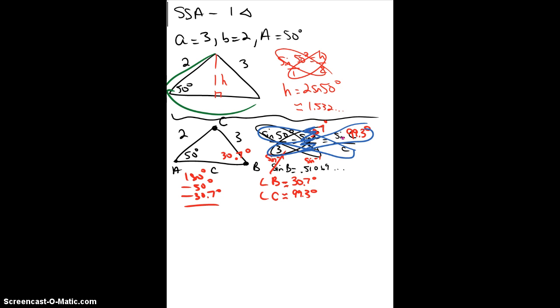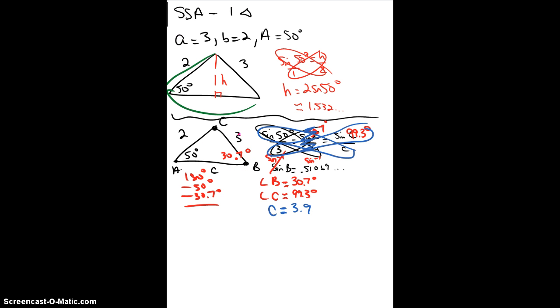So I have my sine of 99.3 times 3, and I'm going to divide that by the sine of 50. So type that in, and I get that side C is approximately 3.9. And again, the unit would be feet or inches, or pretty much whatever I want to go with there. All right, so I know all my angles, and I know my sides, so I'm good.